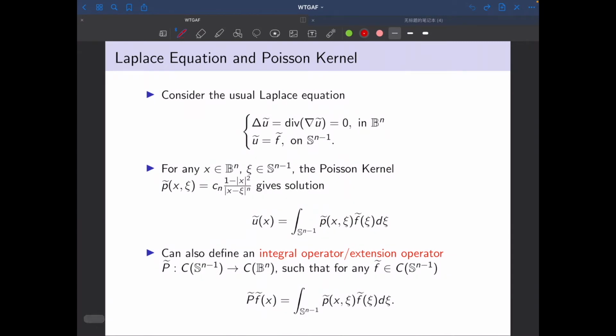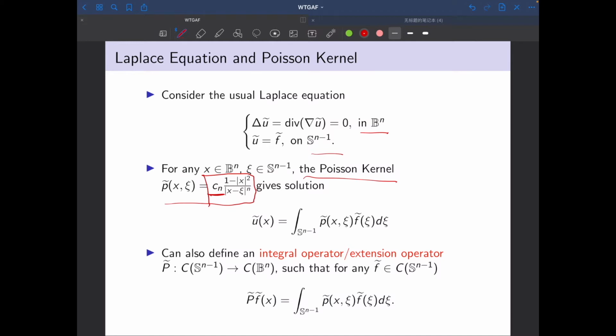Firstly, let's look at the Laplace equation with Dirichlet boundary conditions in the unit ball, with the unit sphere as the boundary. We all know that we could solve such an equation with the Poisson kernel, which is a function of two variables. We have the explicit formula over here. Here Cn is a constant that only depends on the dimension n.